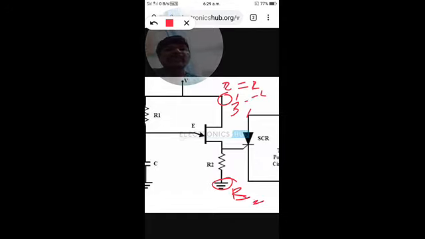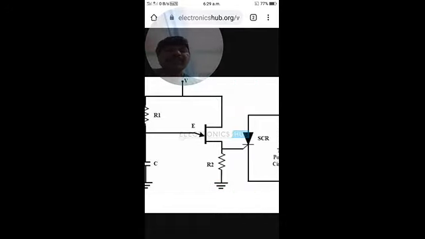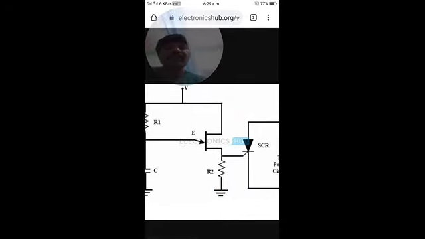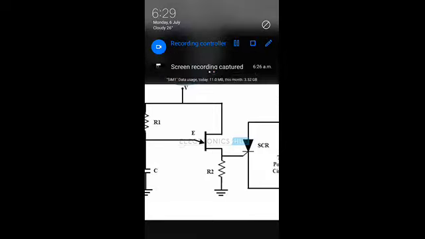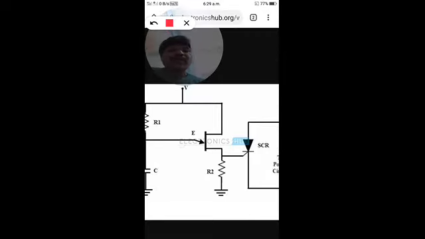The voltage we apply between base 1 and base 2 is called VBB. VBB is distributed equally between the resistors R1 and R2. So if we give 10 volts, 5 volts is present across R1, and another 5 volts is present across R2.